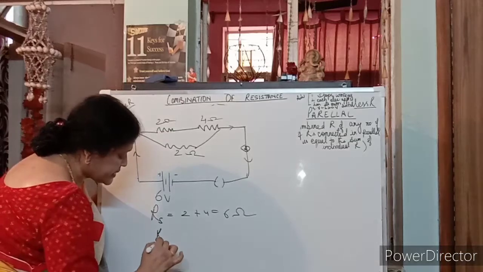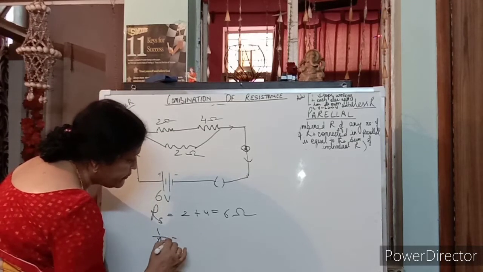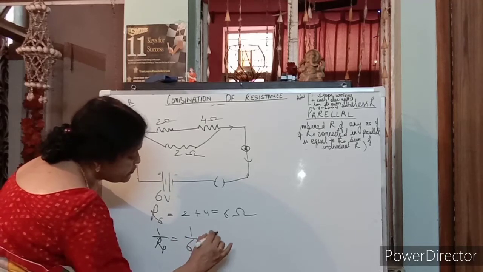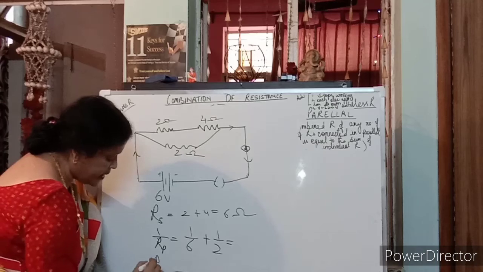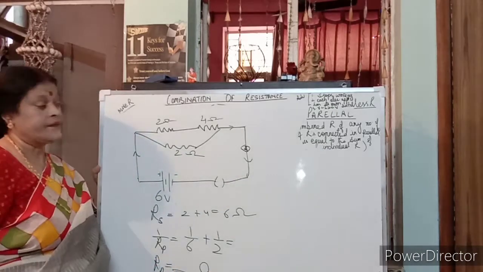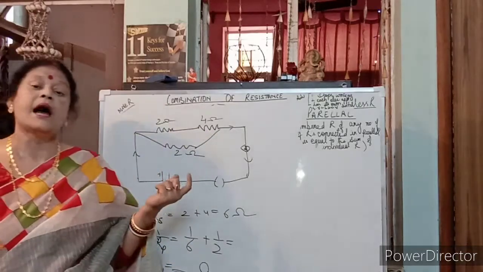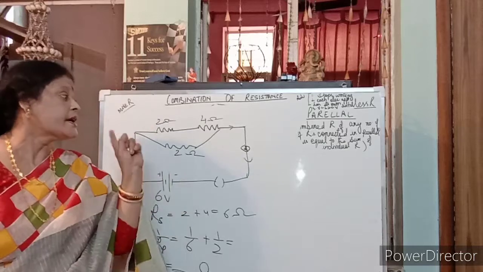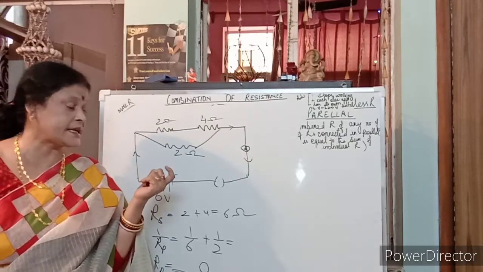So 1 by Rp is equal to 1 by 6 plus 1 by 2, and then you find the answer and take the reciprocal to get Rp. This is how you can go with all these numericals. I'll take one numerical session on electricity, students, in which I'll explain all this.